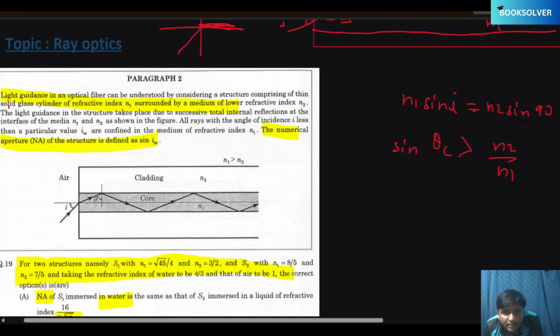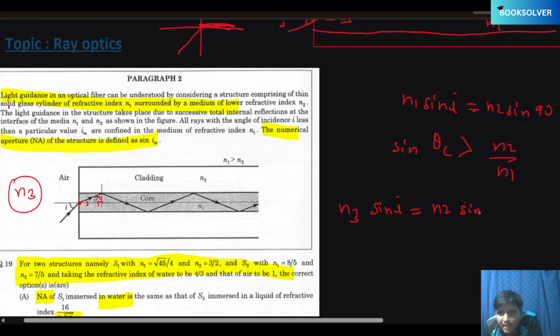If you look at it, we apply Snell's law here. Let's suppose this index is N3. So N3 times sine of I should be equal to N2 times sine of the angle, where this is theta and this should be 90, so this angle is nothing but 90 minus theta.